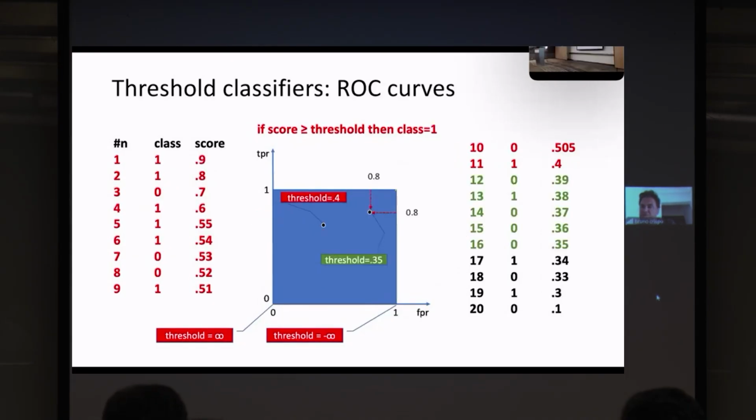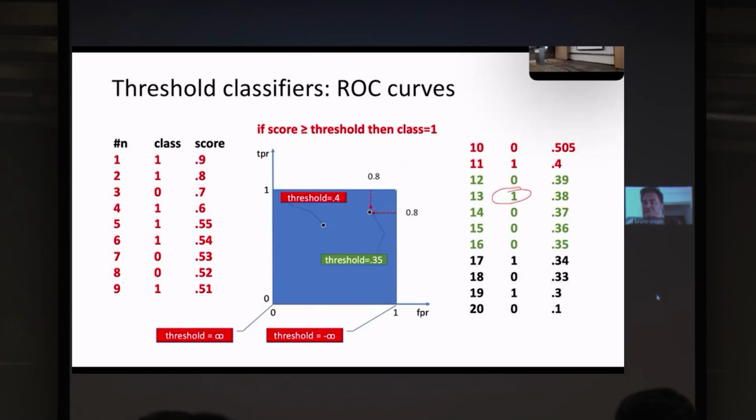Then you can shift and change and see what happens if I change the threshold. So for example, with the threshold 0.35, I can see that I capture one more true positive, so the true positive rate increased from 70% to 80%, but at the cost of a much higher false positive rate, because it's true that I get one more true positive, but I get 4 more false positives compared to before.